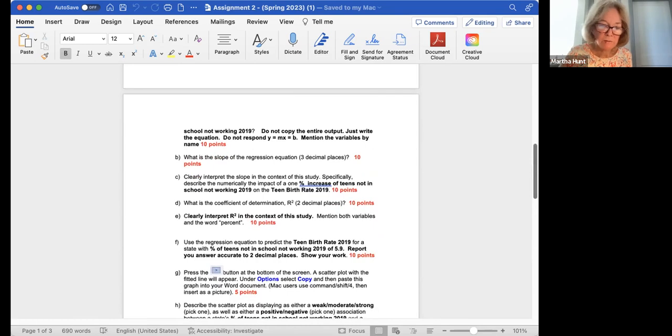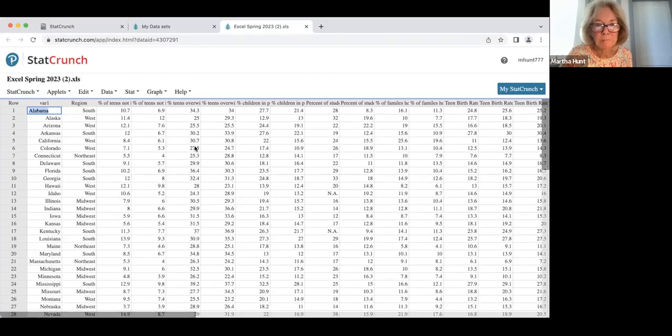I think we've got StatCrunch open somewhere. Okay, here it is. And you can see this is the data set as it is opened in StatCrunch.